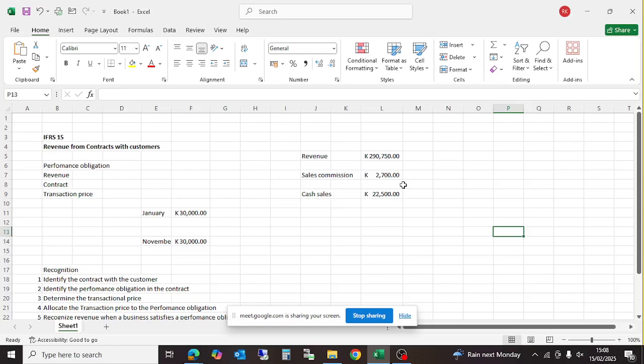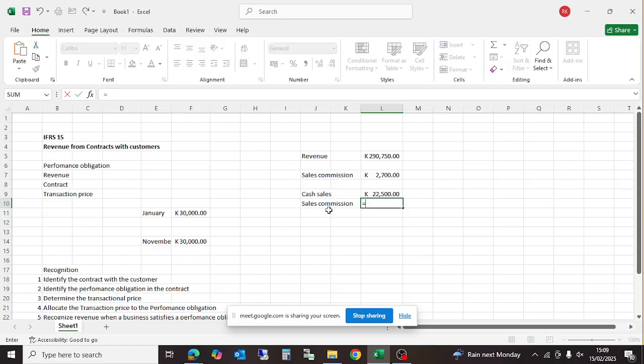Firstly, our sales figure will actually reduce. Instead of it being our cash sales of 22,500, we'll remove our sales commission of 2,700.